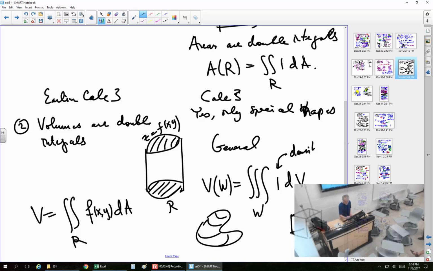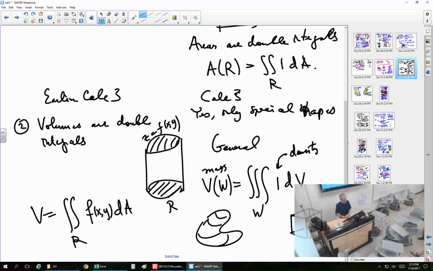Yes, the answer is the density, and the output is in fact the mass, or weight, but if the density is 1, the answer is volume, right? So that's all there is. That's what I was referring to. That is the extra dimension that we don't have to use here, so we just use a value of our choice. We choose density, and this is the metaphor for the triple integral: the function is density, and the output of the triple integral is the mass.